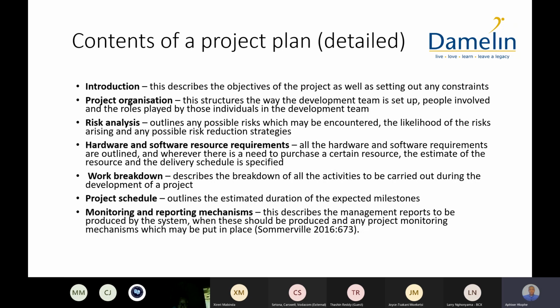And project scheduling also has its own specific bar charts, which have dates, okay, which specify by which day a particular activity must be done. And also monitoring and reporting mechanisms. How will the project manager report to internal and external stakeholders?